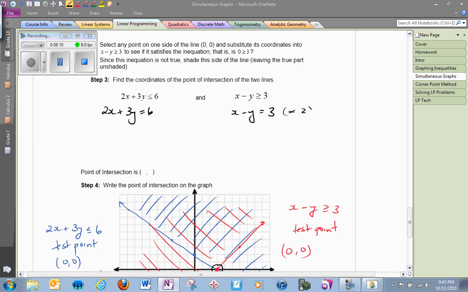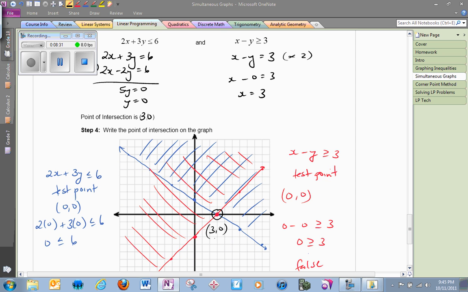I'm going to multiply everything here by 2. So I get 2x minus 2y is equal to 6. I'm going to subtract. So I get 5y is equal to 0. So y comes out to be 0. If y is 0, x comes out to be 3. So my point of intersection is (3, 0), which is verified over here.